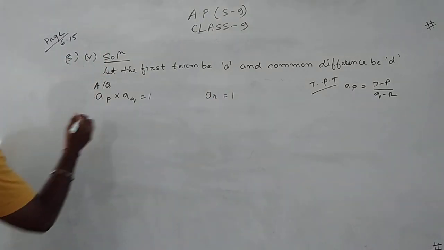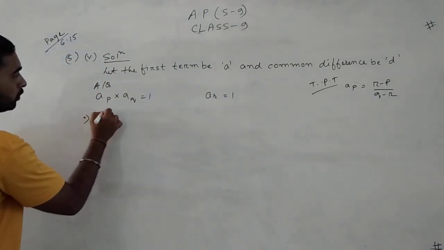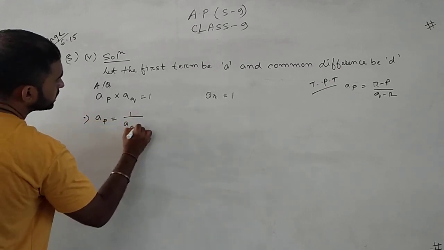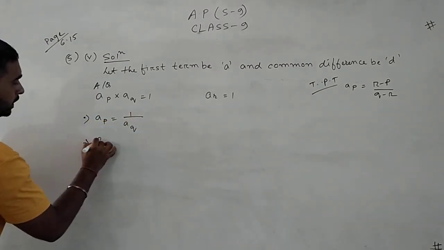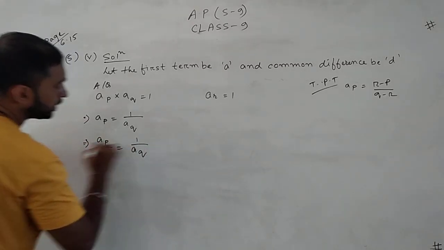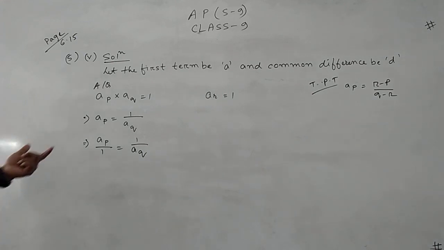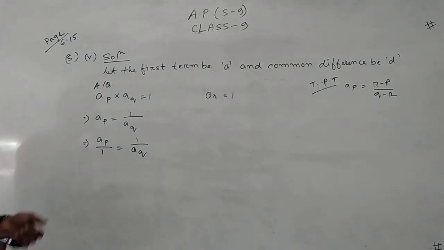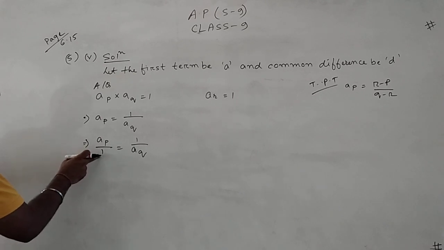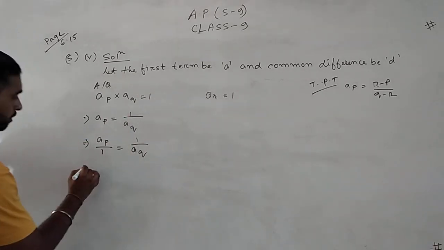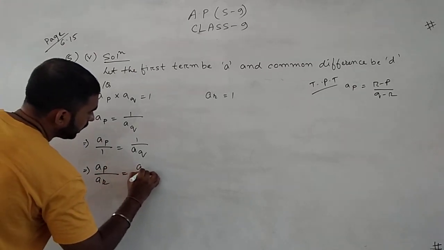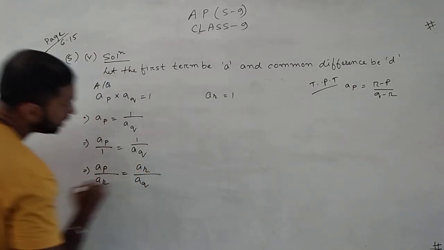Second condition, the rth term is equal to 1. Now AP into AQ equal to 1, that means AP equal to 1 by AQ. AP means AP by 1, and 1 by AQ, both are correct, because if you divide any number by 1, the result is the number itself. Next step, I will replace 1 by AR, which is given. AP by AR equal to AR by AQ.